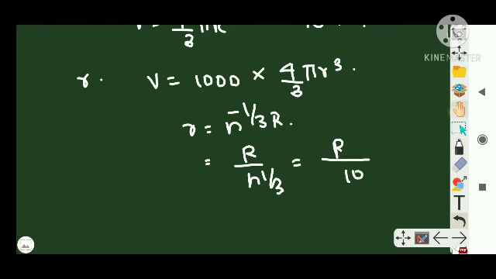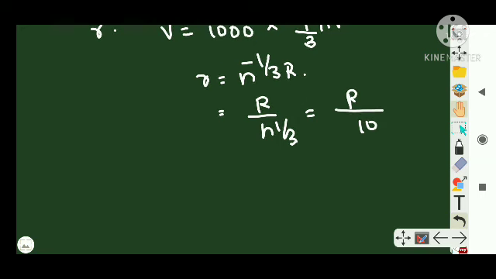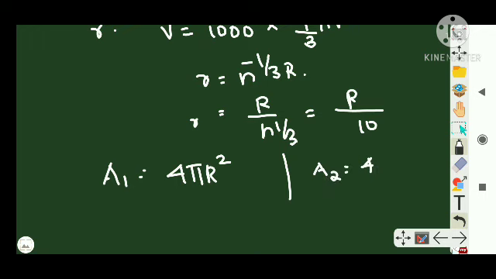So I will get the radius of the small drop equal to 1 by 10th of the radius of the larger drop. Now what is the surface area of the original drop? Let's say it is A1. It will be 4 pi capital R square, right? What will be the surface area of 1000 droplets? That will be A2, which is 4 pi small r square.